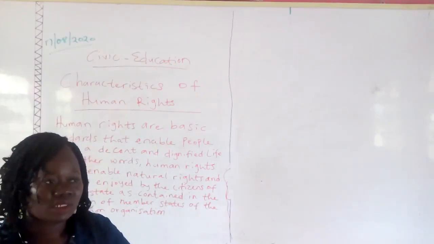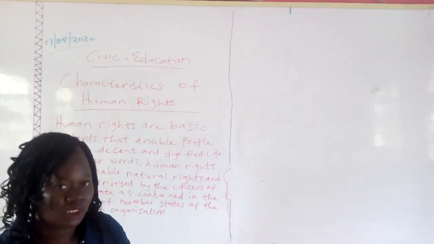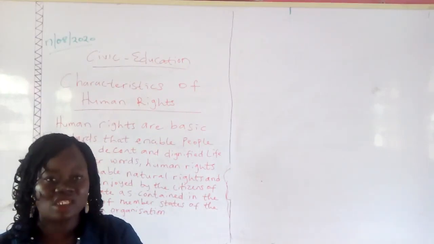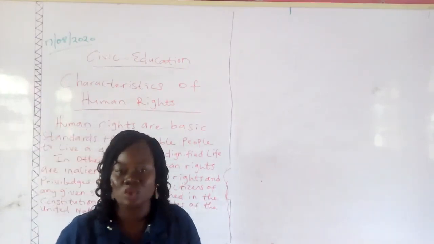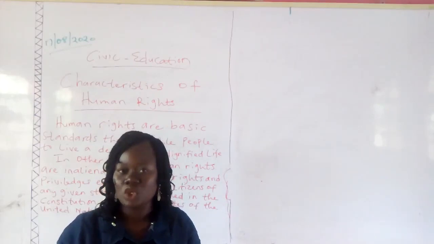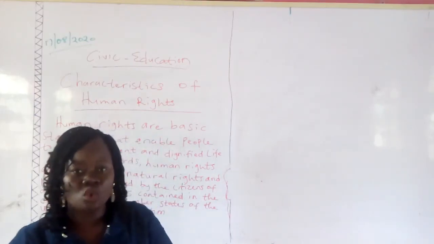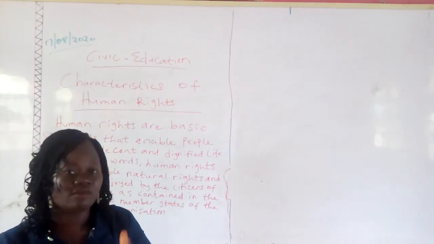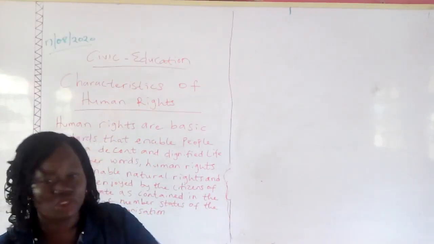So it was established in the year 1948, and then the United Nations Organization advised every member state to establish the details of the fundamental human rights in their constitution.